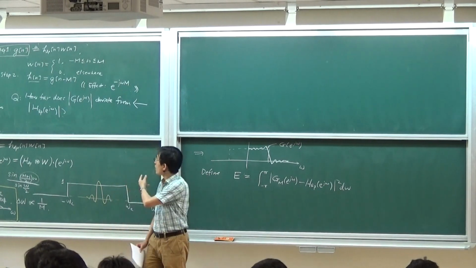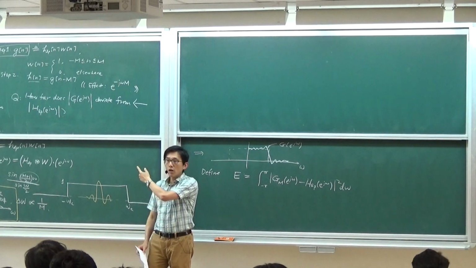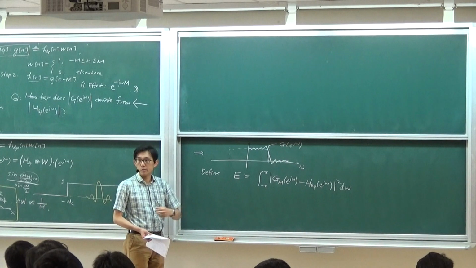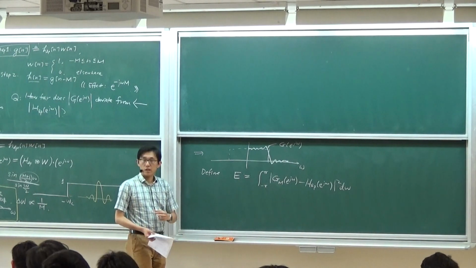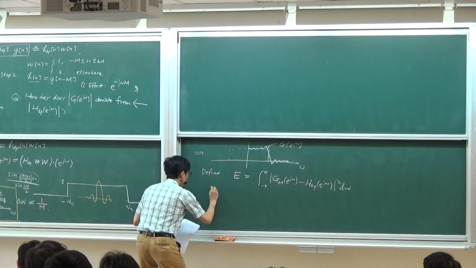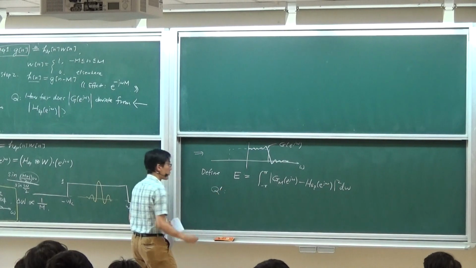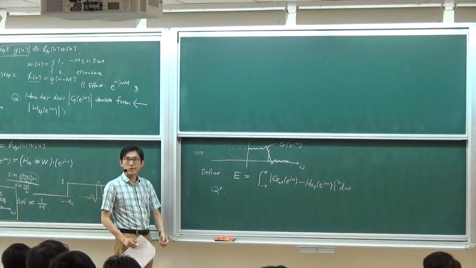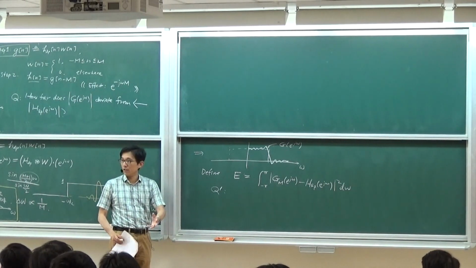Under this definition, we can more concretely ask the question: how far does it deviate from ideal? Or can we improve our design by increasing m specifically? Now our refined question, I want to ask for insight and opinion.